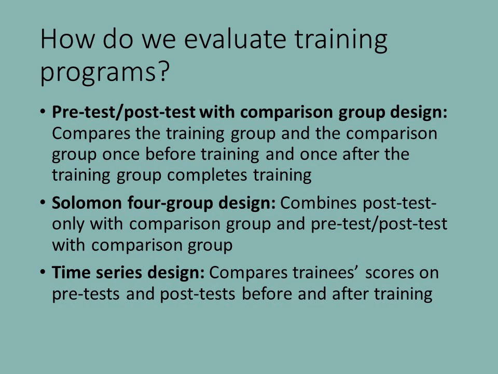So we would have multiple pre-training scores and multiple post-training scores for each learner. We can improve the strengths of this design by adding a control group and by collecting measures during time periods when trainees do not receive training or boosters. Generally speaking, designs with more controls require more resources, but they are better.